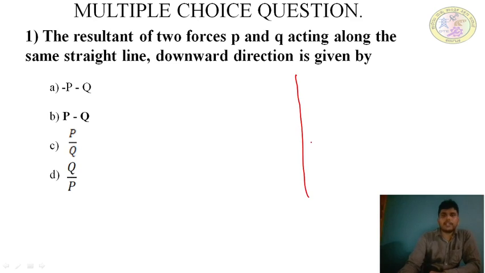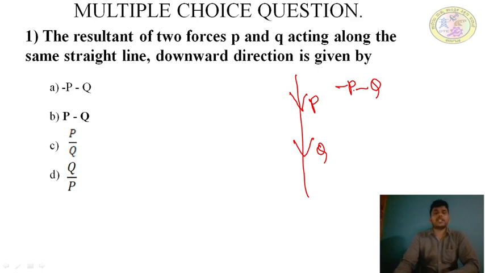Downward direction is here, and P and Q will be in this direction, the same direction, so we have to add. But P is moving downwards, so it is minus P, and Q also minus Q. Minus P minus Q is the right answer.